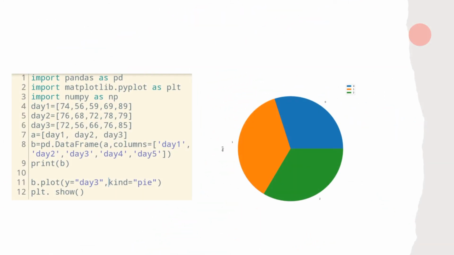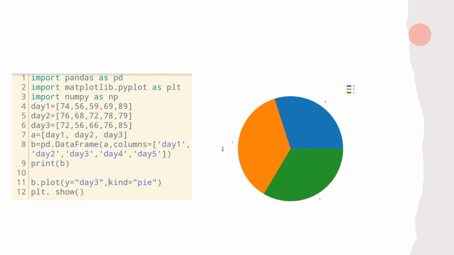So one more example, if we use kind as pie, it will create a pie graph of y equals day 3. And I wondered one thing, what if I remove this y equals day 3 and write something else?